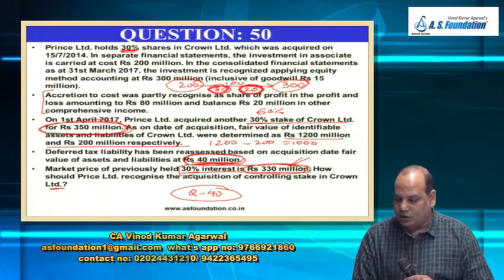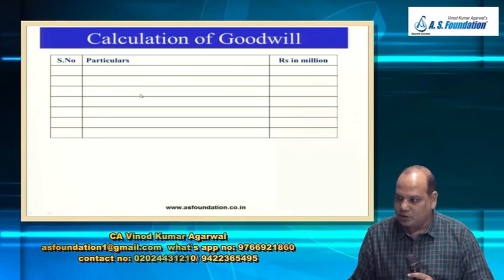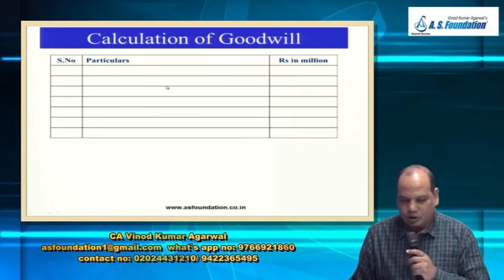And we will calculate the NCI, whose share is now 40%. And we'll also incorporate the DTL in our calculation. Is it right? Write down calculation of goodwill.